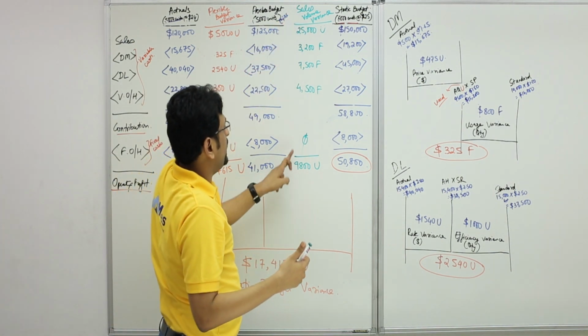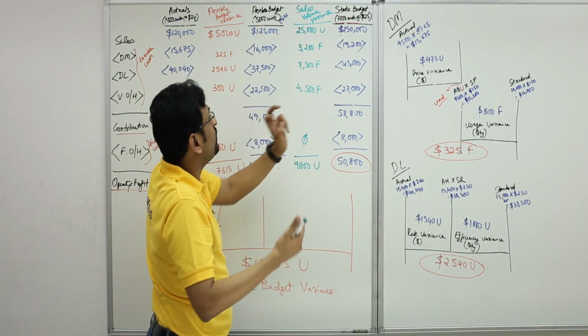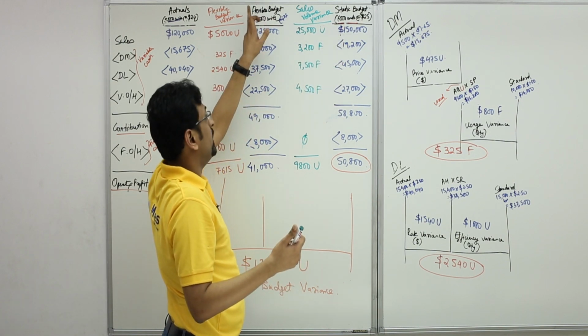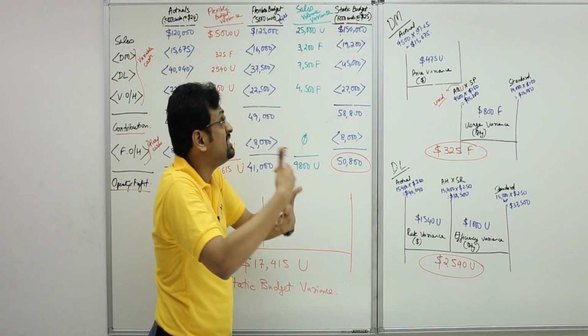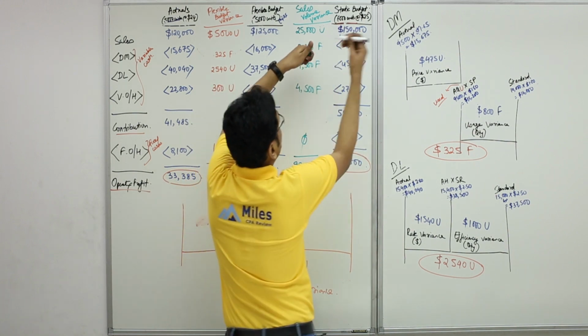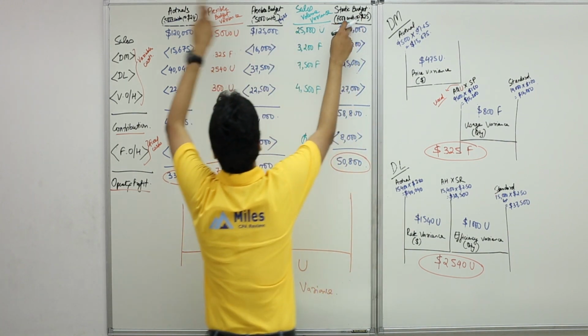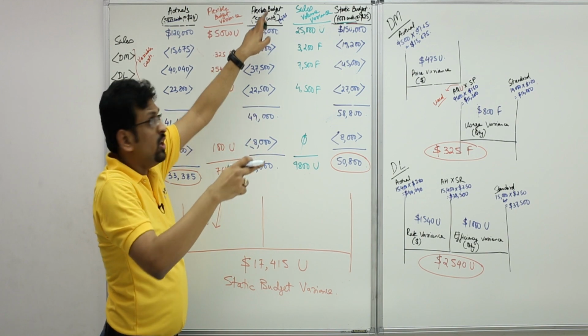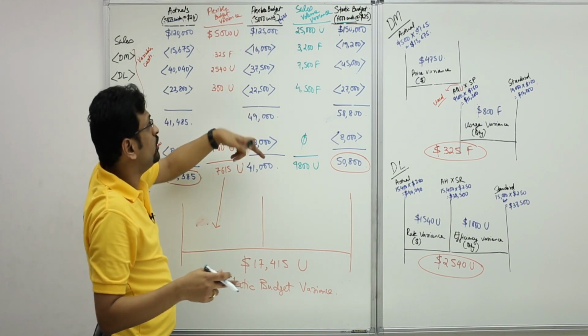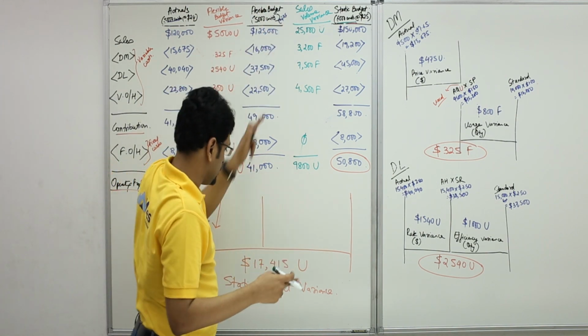The sales volume variance is because of the difference between the static budget and the flexible budget, the difference in sales quantity. The sales volume was expected to be 6,000 units, but they did only 5,000 units. So even when we did the flexible budget at 5,000 units, we got the sales volume variance.